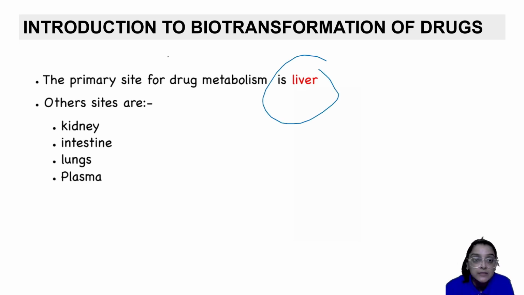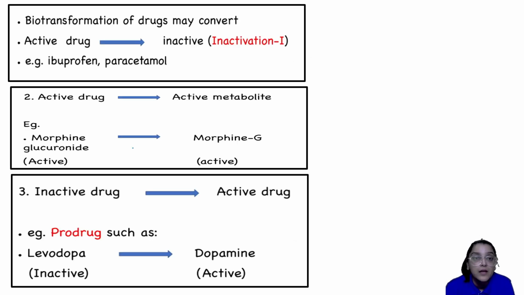However, there are other sites to it, including the kidneys, the intestine, the lungs, and the blood plasma. The biotransformation may convert the active drug into an inactive metabolite, or the active drug into an active metabolite. Here you can see the examples below.